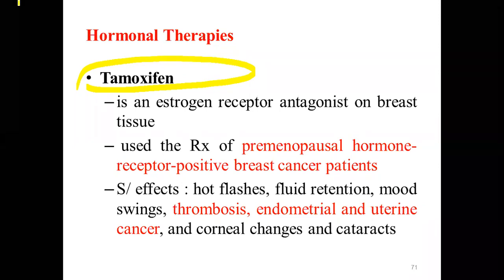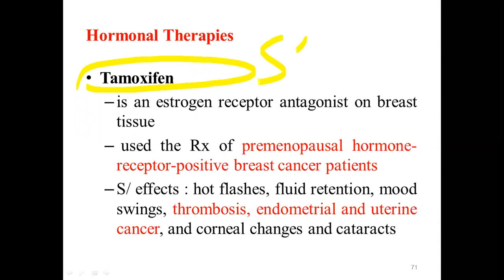Sylvia, are you available? Yes, I'm here, sir. So you have never heard about tamoxifen? Not yet, sir. You have not covered endocrine pharmacology for sure.